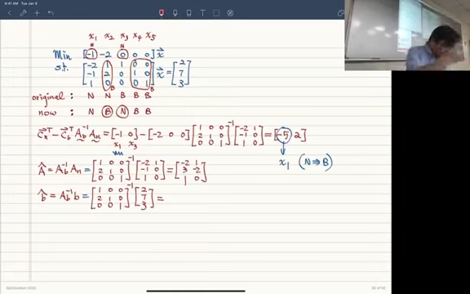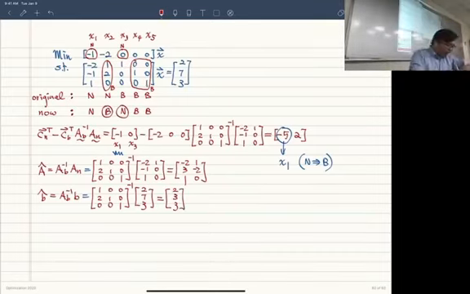Okay, I got it from MATLAB. And continuing with my next calculation, I have 2, 3, and 3.